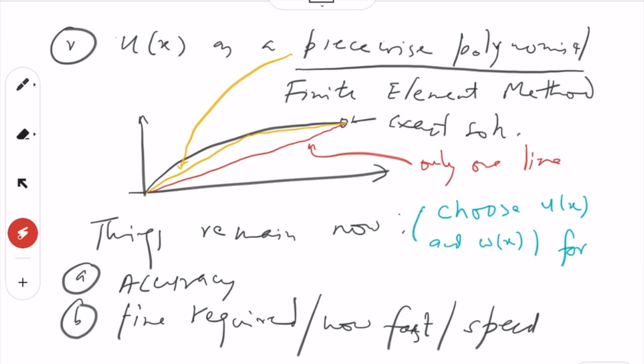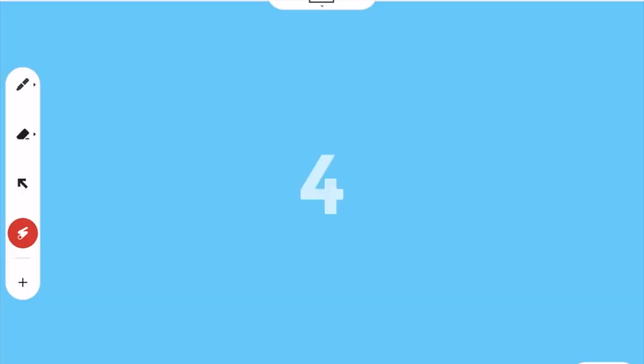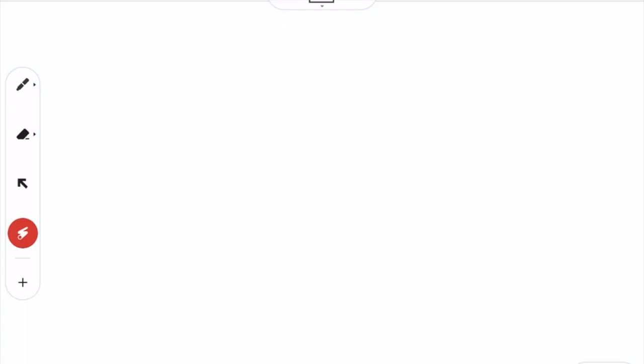Now, the second thing is time required, or speed. So, what does the time required depend on? Typically in a computer, the size of the stiffness matrix is the main thing, because you have to invert that.